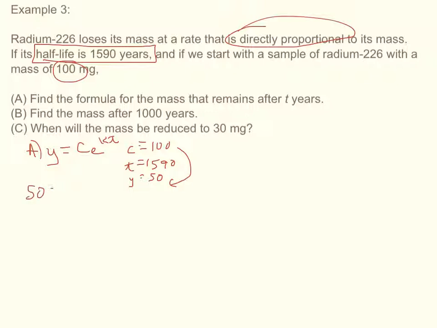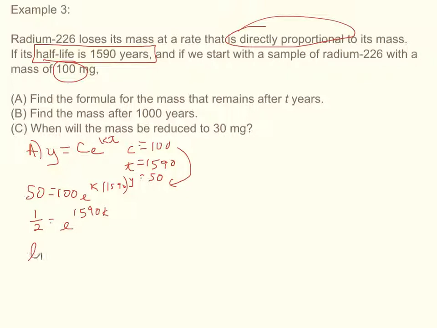So 50 equals 100 e to the k times 1,590. All right, and now we just would go ahead and solve. So 1/2 equals e to the 1,590k. Oh, that looks terrible. Try that again.